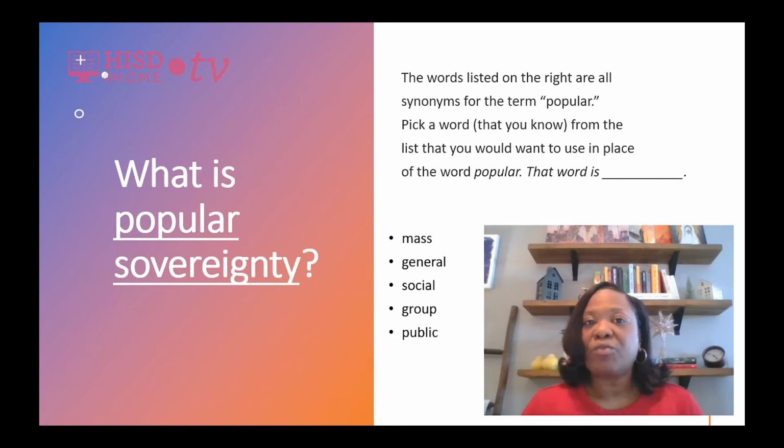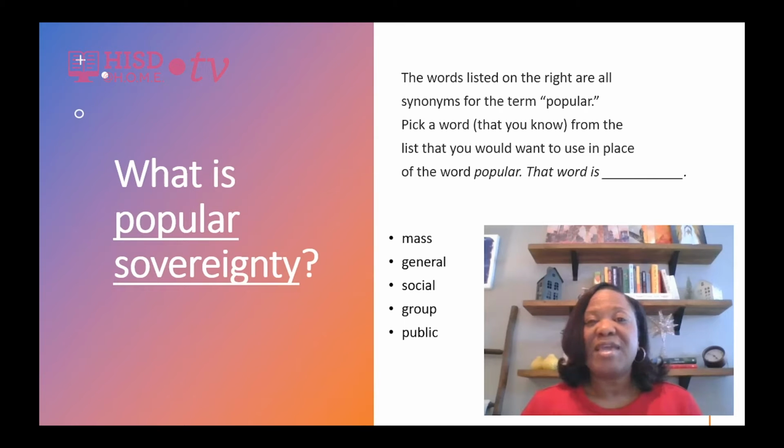Which word resonates with you more? Which one do you want to choose? Is it mass? Remember, popular is a word that we might use for all the people. Or is it general? Maybe it's social. Maybe that resonates with you more. Or it can be group or public.